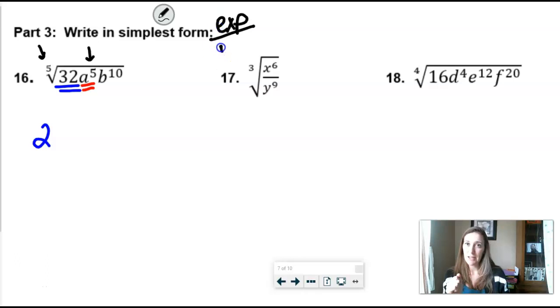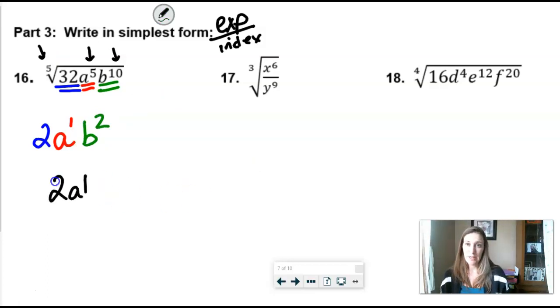Exponent divided by the index. That's going to be your new power, right? So 5 divided by 5, that's really a to the first, which you are welcome to write to the first. It's just kind of weird. And then b to the, I got 10 being divided by 5. So that becomes b to the 2. So final answer, 2ab squared.